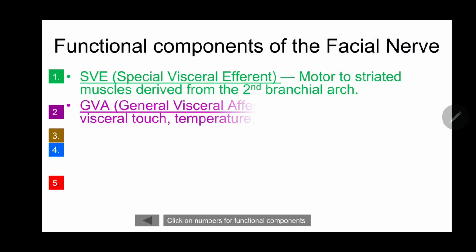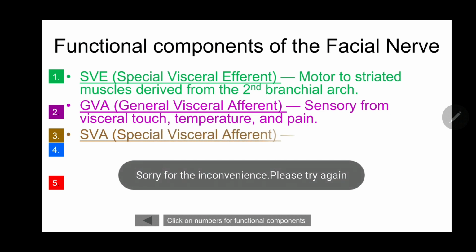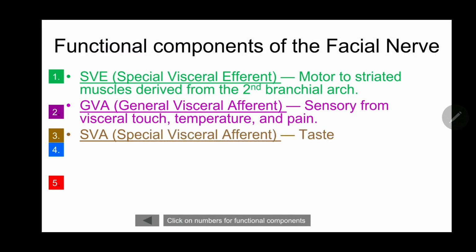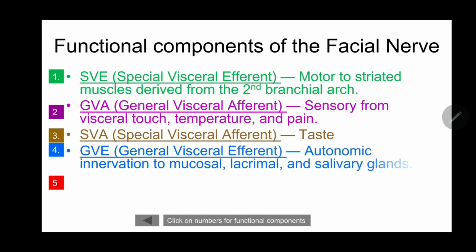Okay, now you're seeing general visceral afferent. This is bringing in sensations from visceral touch, temperature and pain. Then you are seeing special visceral afferent. That means it's bringing in the taste sensations. Now you're seeing general visceral efferent.